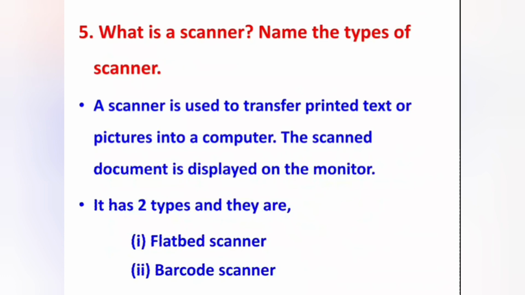The scanner is classified into 2 types. They are flatbed scanner and barcode scanner. The scanner is classified into how many types? 2 types, that is flatbed scanner and barcode scanner.